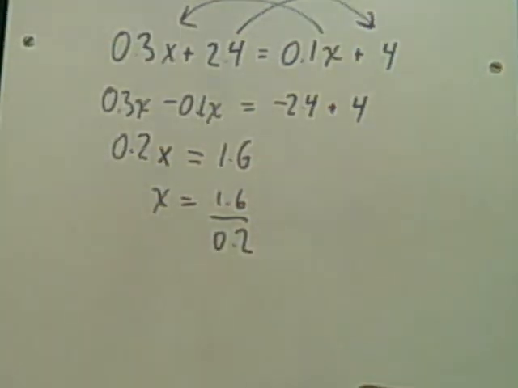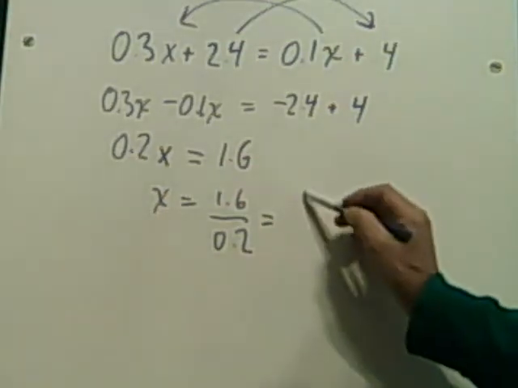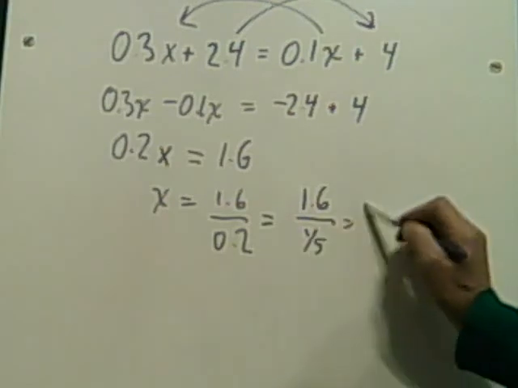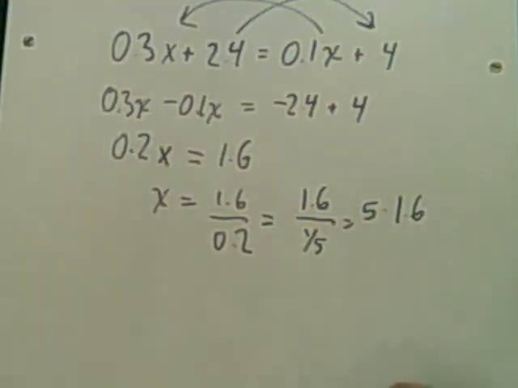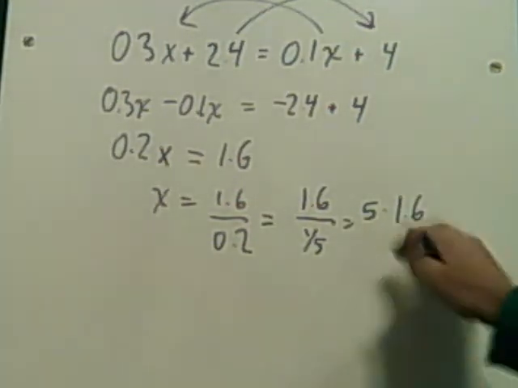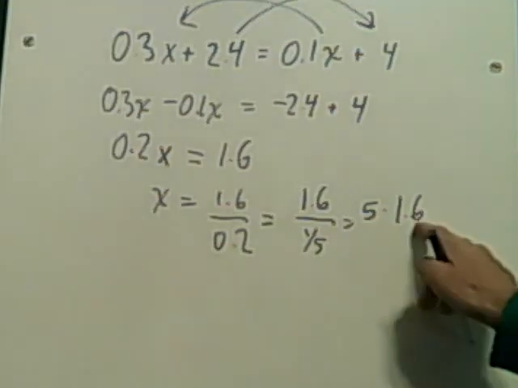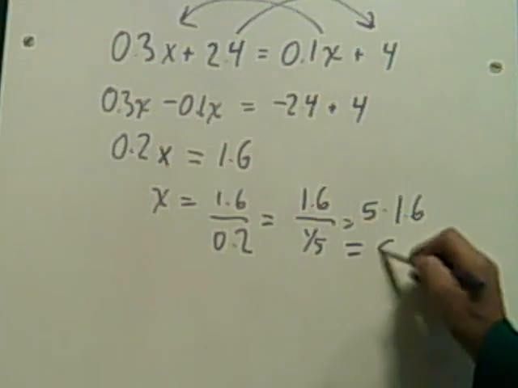You can do that on a calculator, but I know that 0.2 is 1/5. You divide by a fifth, that's the same as multiplying by 5. Five times 1.6 is equal to 8, because 5 times 1 is 5, 5 times 0.6 is 3, 5 plus 3 is 8.